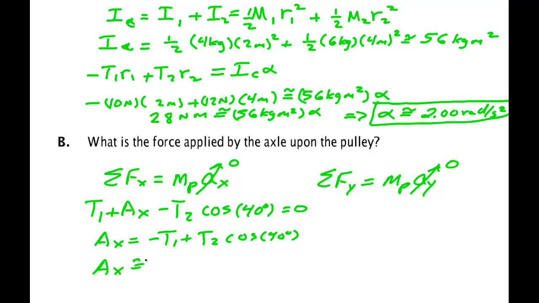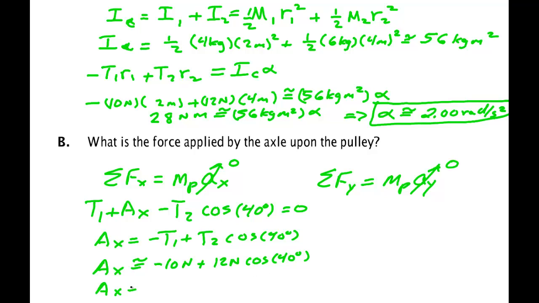So AX would be approximately minus T1. We have to go find what T1 was. That was 10 newtons. T2 was 12 newtons times the cosine of 40 degrees.